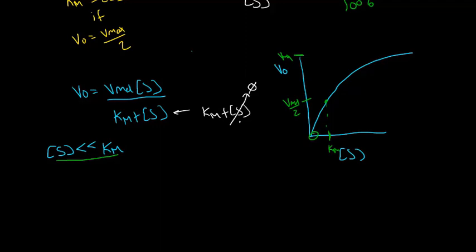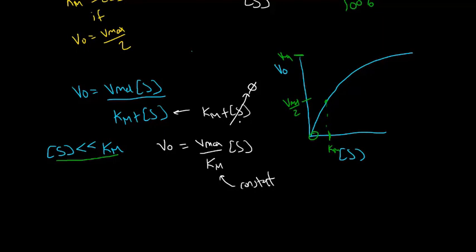So the denominator collapses to just Km. What we're left with is Vmax over Km times the concentration of our substrate. Vmax and Km are both constants.